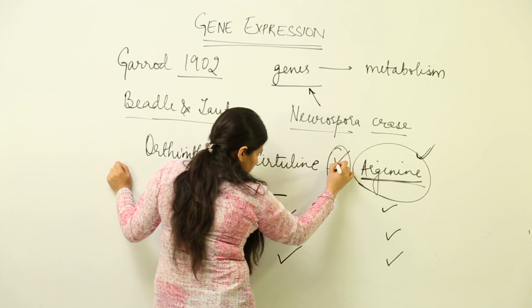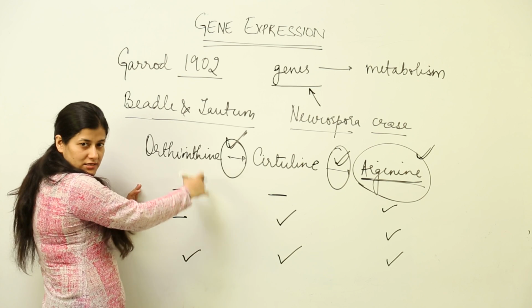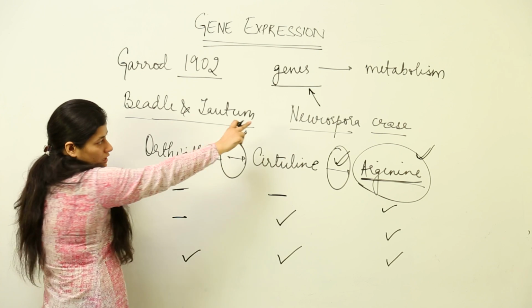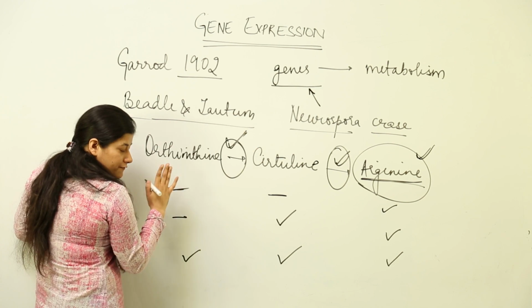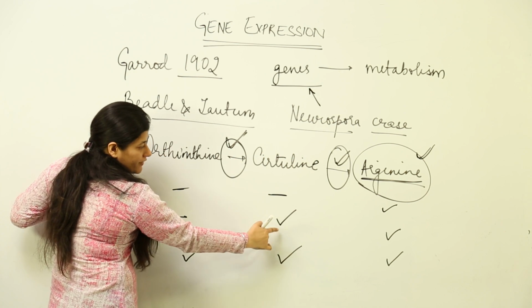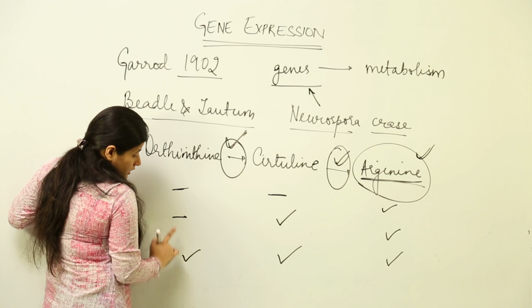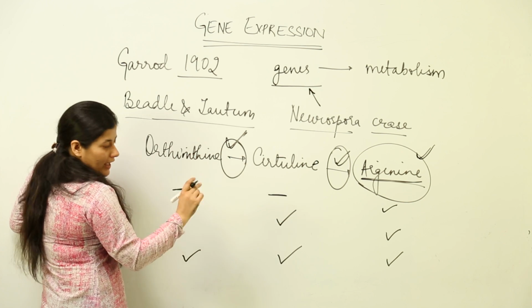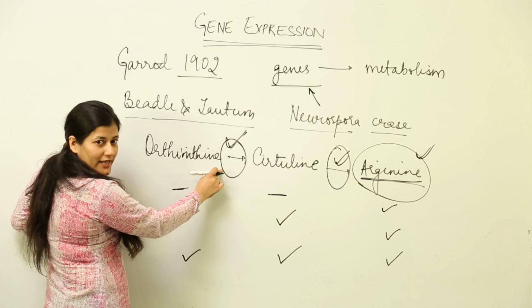There are 3 types of mutants which were obtained as a result of irradiation of Neurospora crassa by X-rays. The first class survived in arginine. The second class survived in citrulline and arginine both. The third class survived in everything. Now, at every stage you need the enzymes.